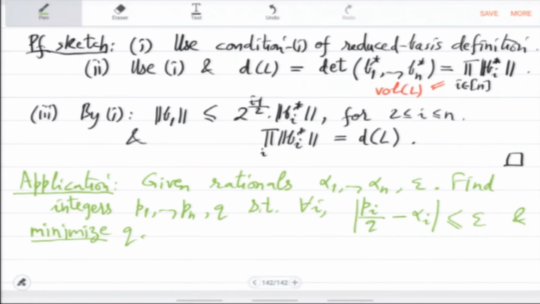Okay, so you are given these rationals alpha 1 to alpha n and you want a rational representation for all these alpha i's. The catch is that the denominators should be the same.